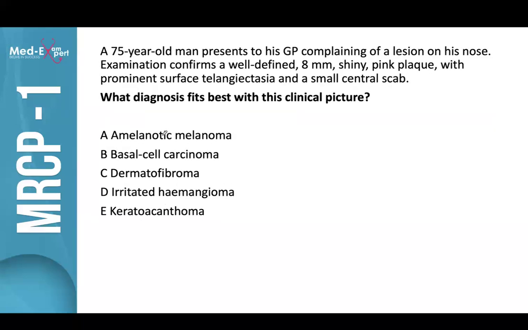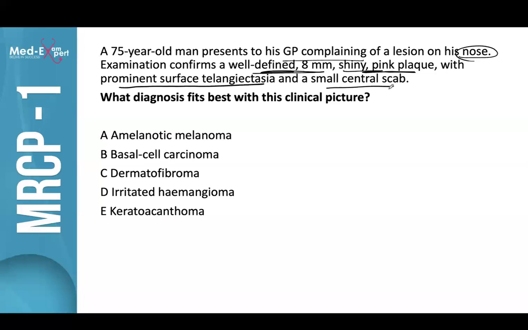All right. Then comes a 75-year-old man who presents to the GP complaining of a lesion on his nose. Examination confirms a well-defined 8 mm shiny pink plug. Okay. Prominent surface telangiectasia and a small central scab. If anyone had attended my core lecture on dermatology, you will easily find it because I have shown so many pictures about this.